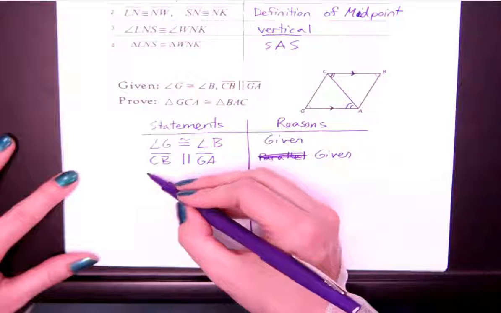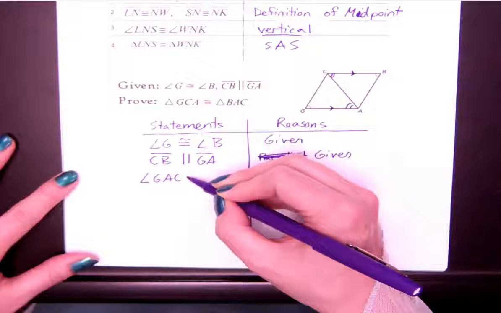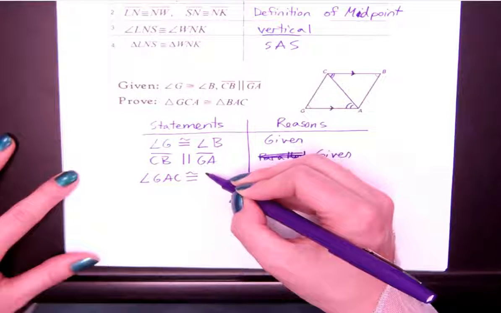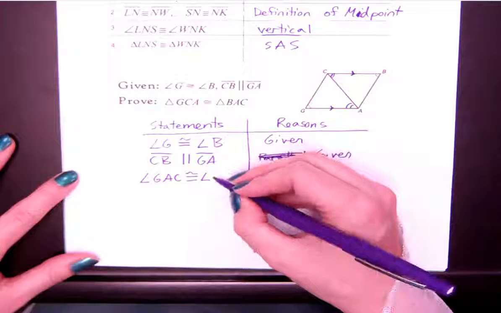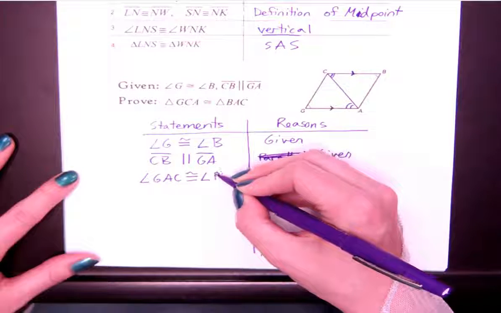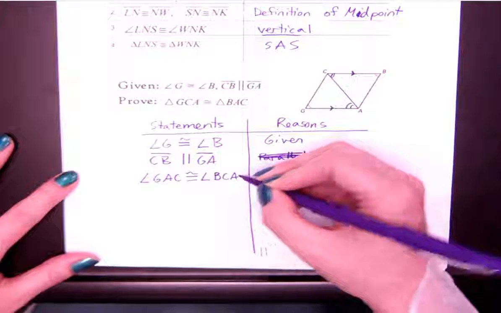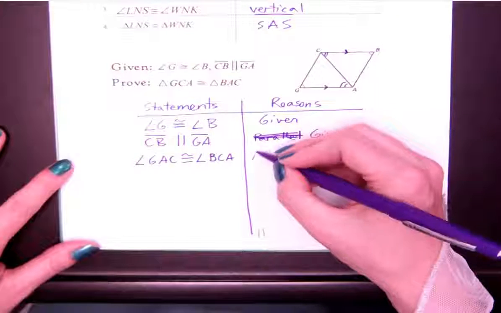So that would be angle side angle. Angle GAC is congruent to angle BCA by alternate interior angles.